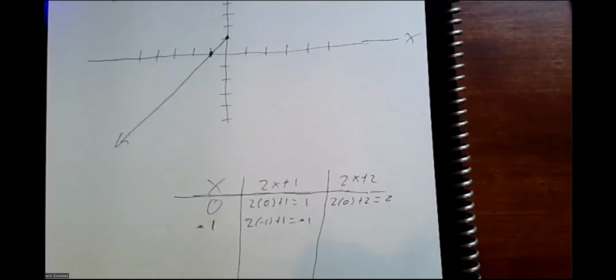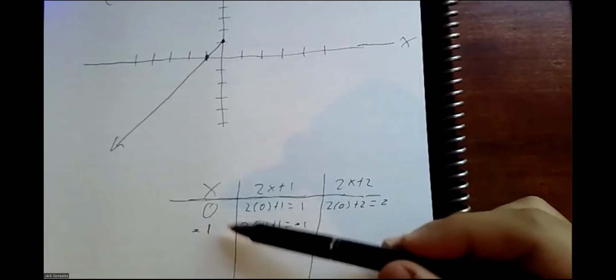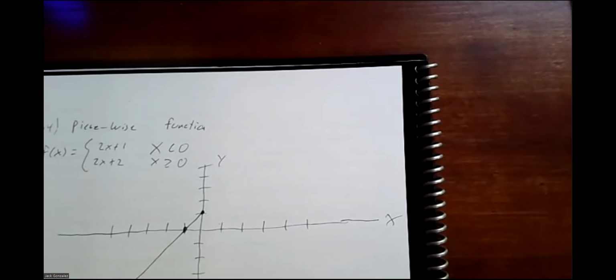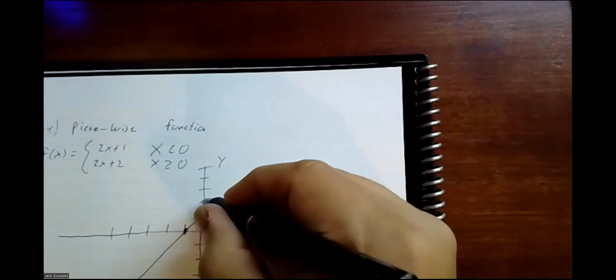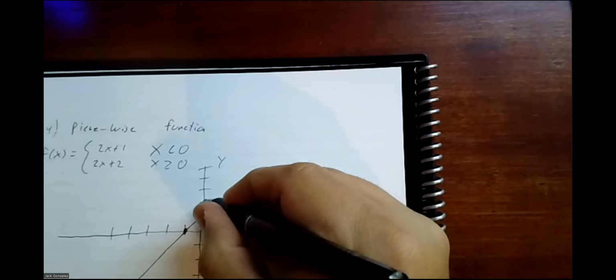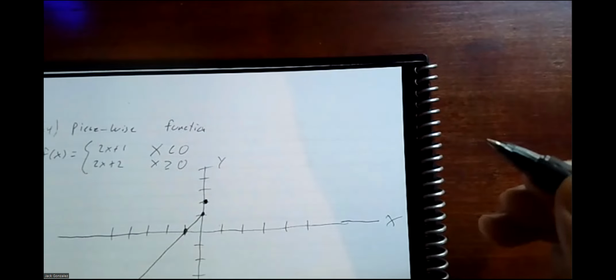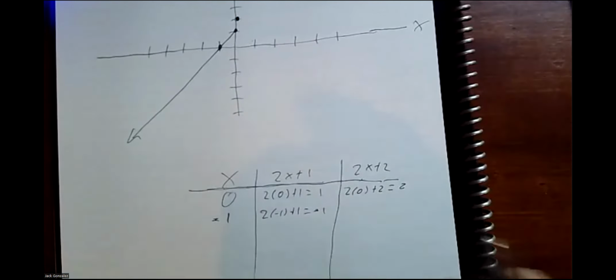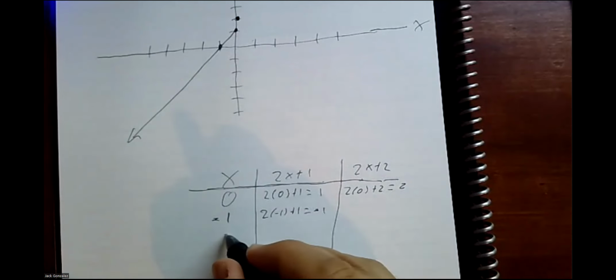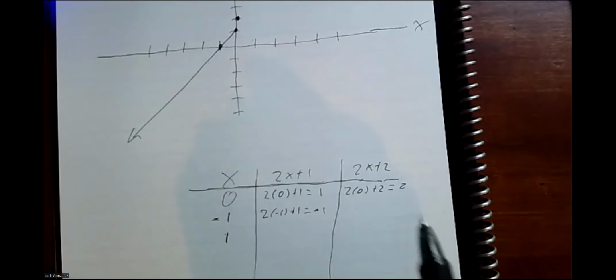See what I mean? Using these 2 points. Okay. Now to graph the other one, I got to be at 0 or above. So 2x plus 2, that would be right there at 0. If I plug in, let's say 1, that's above 0.